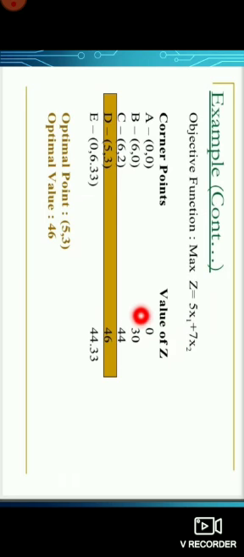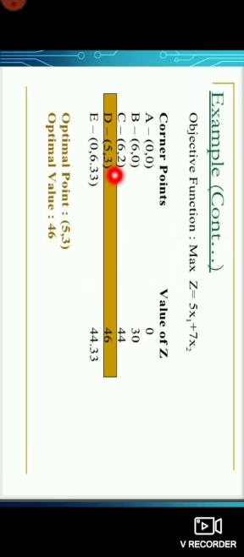The value is z equal to 0. For the point with x1 value 6 and x2 value 0, z is equal to 5 into 6 plus 7 into 0, that means z is equal to 30.